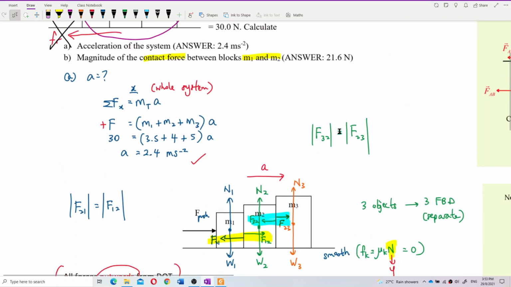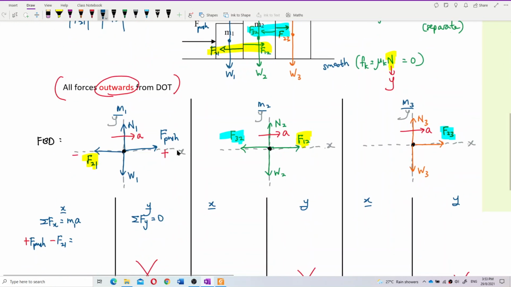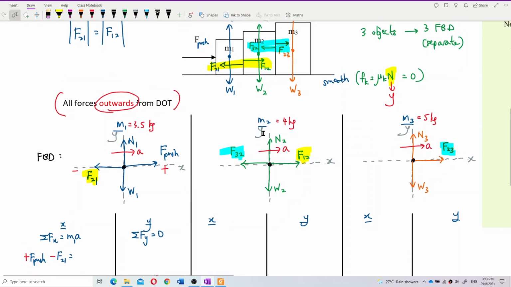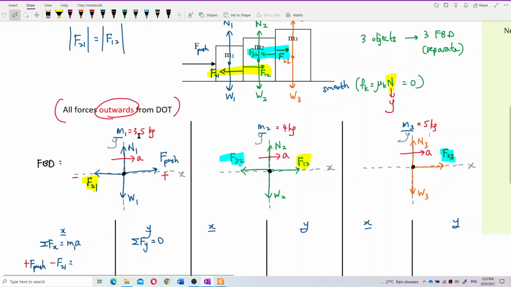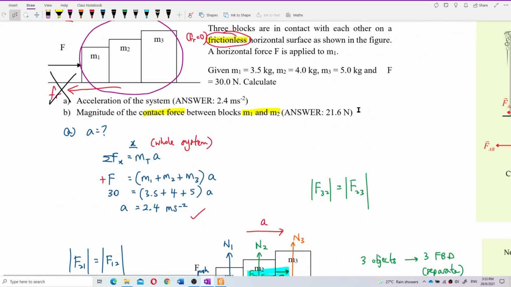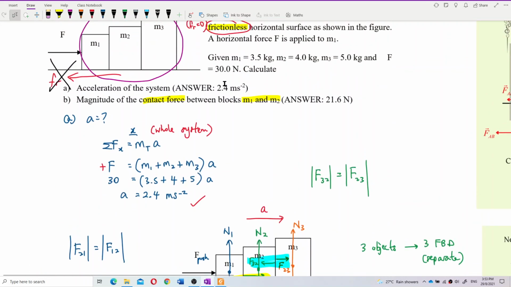What are the masses? 3.5, 4, and 5. I write it down here for easier reference. This is 3.5 kilograms, this is 4 kilograms, and this is 5 kilograms. Is that correct? Yes, it's correct. And the force is 30 Newton.